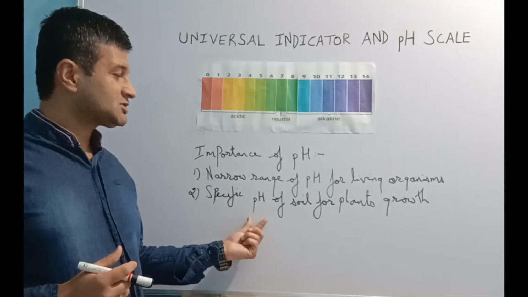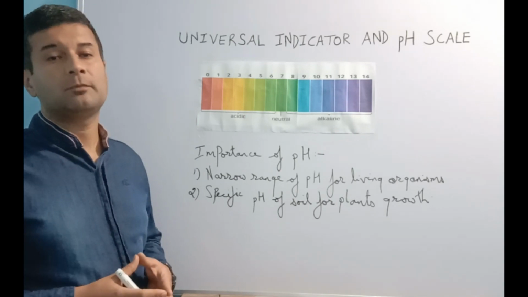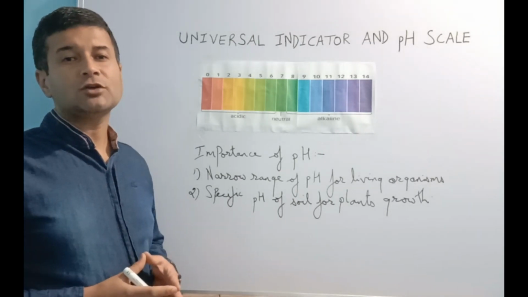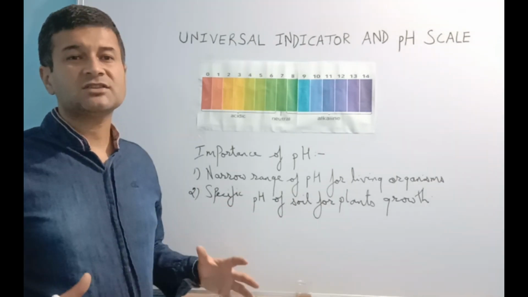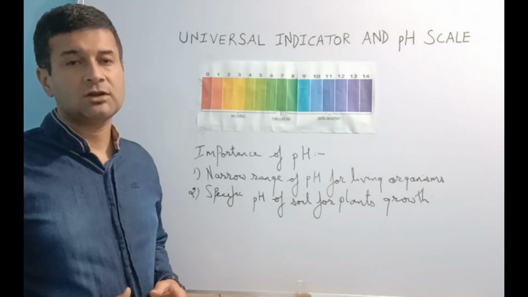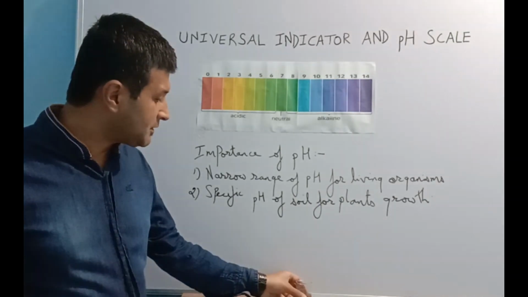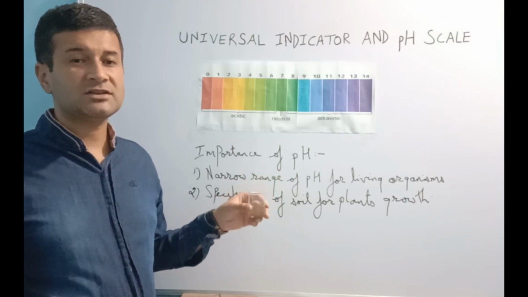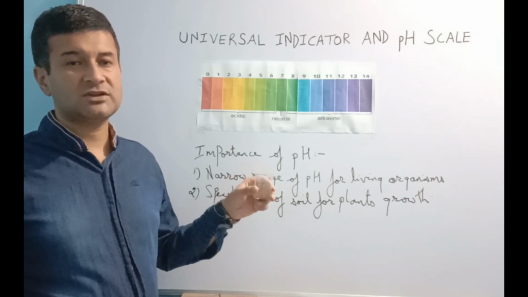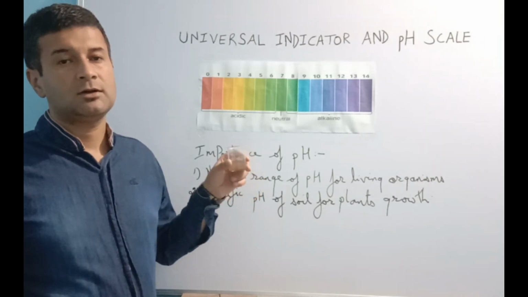Specific pH of soil for plant growth. A specific pH of soil is required for the proper growth of plants. Plants cannot tolerate a drastic change in the pH. Let us find out the pH of the soil which I have taken from my garden. I have already prepared the soil solution and now let us test the pH of this garden soil with the help of a pH paper.